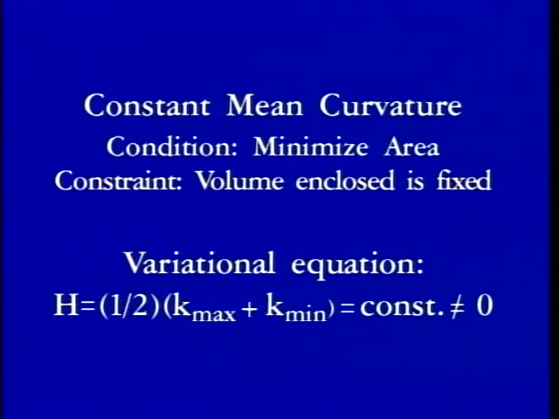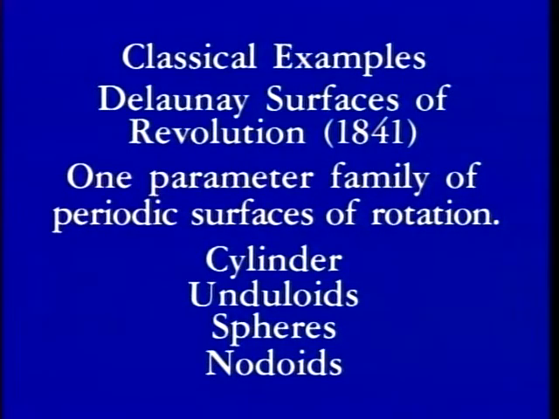In other words, we're looking at surfaces of constant mean curvature. In this case, that constant is not equal to 0. Now, we might want to ask what the analog is of the catenoid. In other words, what are the surfaces of constant mean curvature, which are surfaces of revolution?